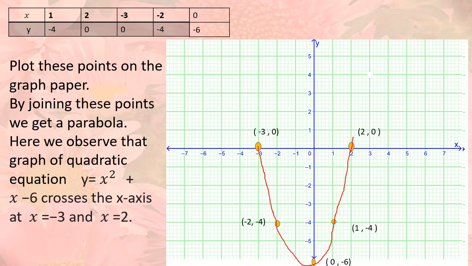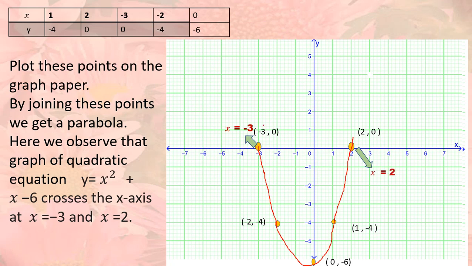Here we observe that the graph of the quadratic equation y is equal to x square plus x minus 6 crosses the x-axis, that means this graph intersects the x-axis at 2 points, that is minus 3, 0, or we can say x is minus 3. Similarly for this point 2, 0, the value of x is 2.